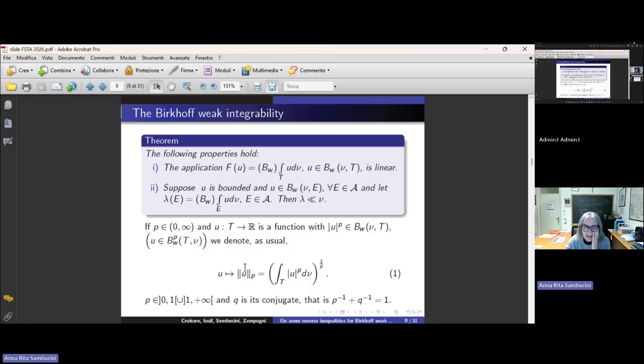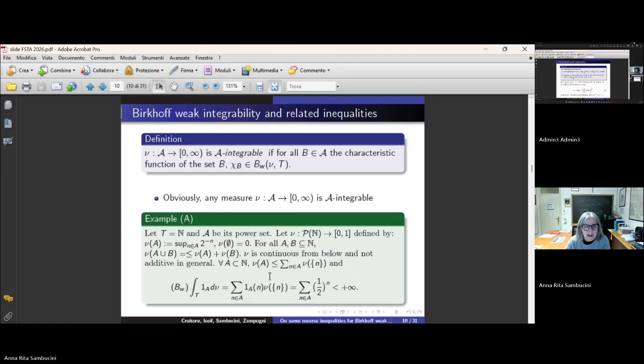Instead, here we consider also the case that p belongs to (0,1). In this case, the triangular inequality is not satisfied, so this space is not normed. In any case, we consider conjugate indices also when p belongs to (0,1), and in this case, q must be negative.